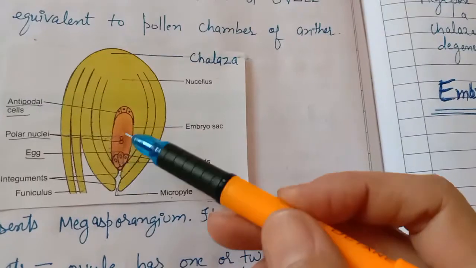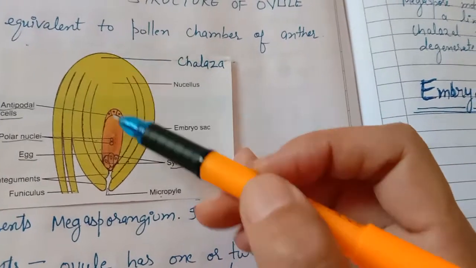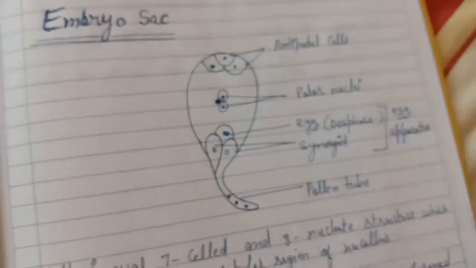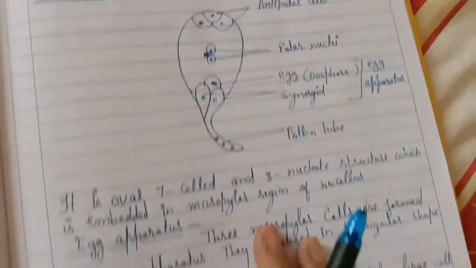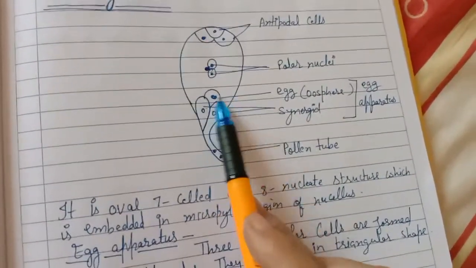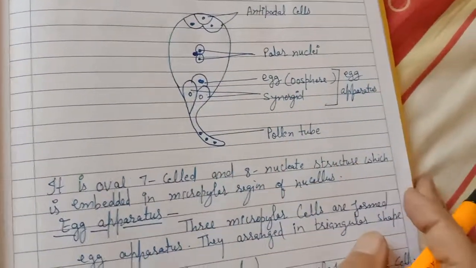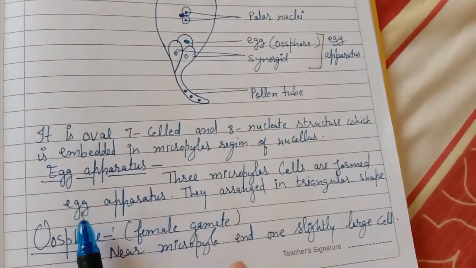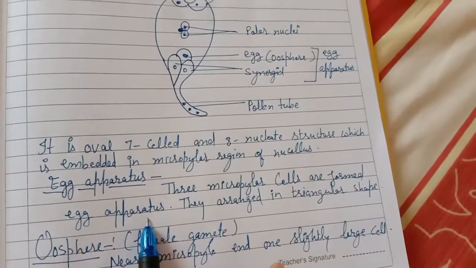Here you can see the micropylar region and here the chalazal region, so it is embedded over here. What is the egg apparatus? The 3 micropylar cells together form the egg apparatus.